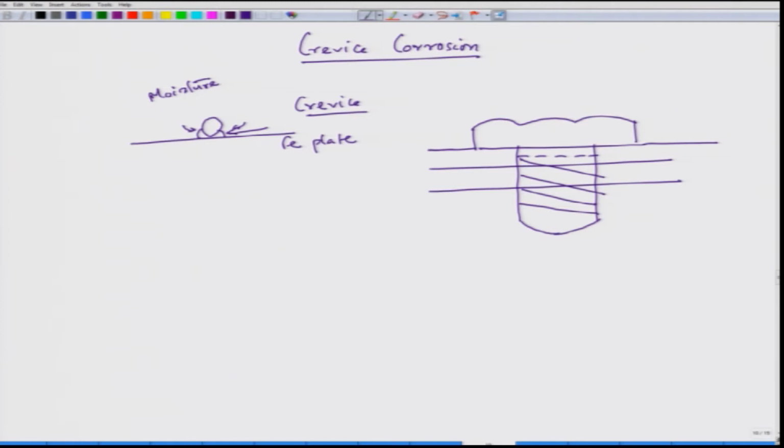Sometimes we also put a thin rubber sheet that acts as a gasket.